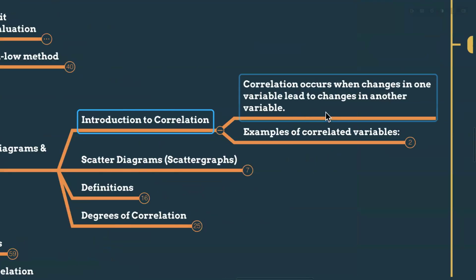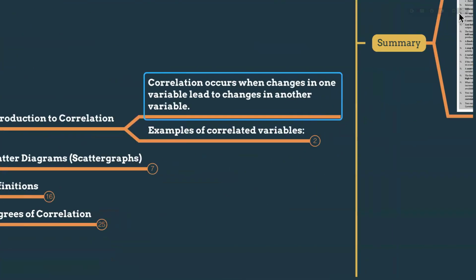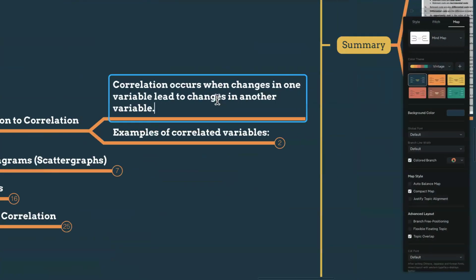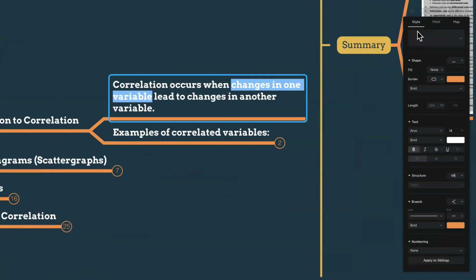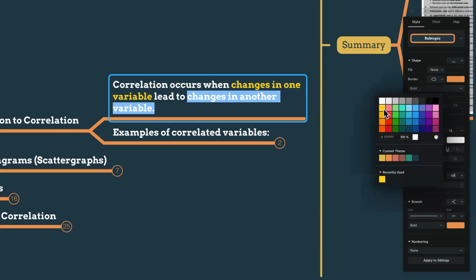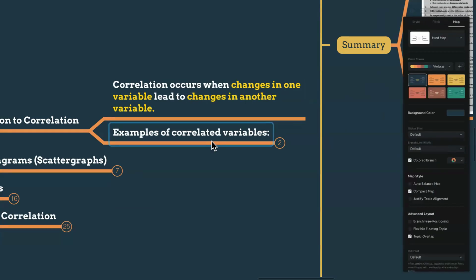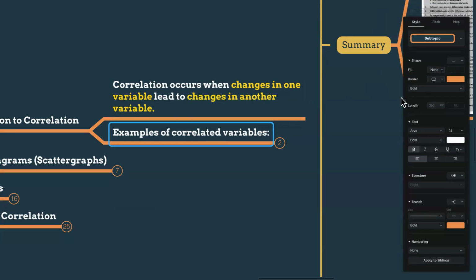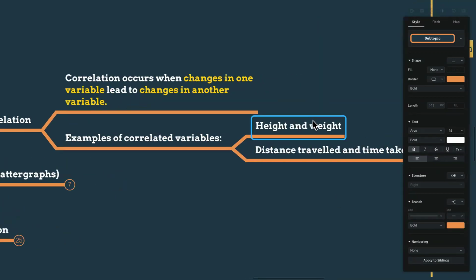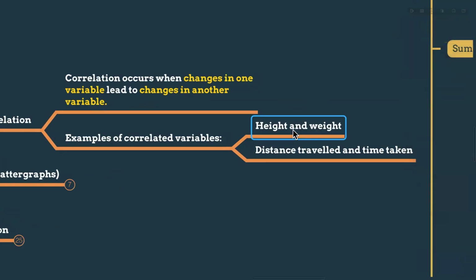Correlation occurs when changes in one variable lead to changes in another variable. So there will be a correlation between those variables. An example of correlated variables is height and weight. The height and weight are correlated with each other.